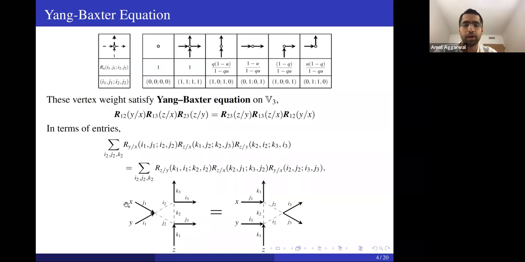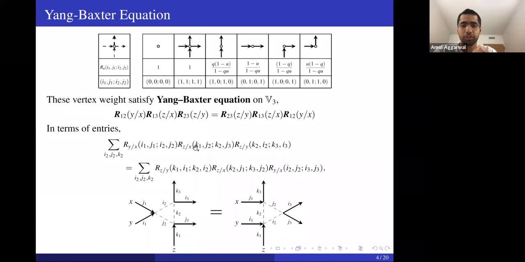So for this R of y over x, you have to tilt your head a little bit, but the vertical line is y and the horizontal line is x. I1 comes in vertically, J1 comes in horizontally, and I2 comes out vertically and J2 comes out horizontally.